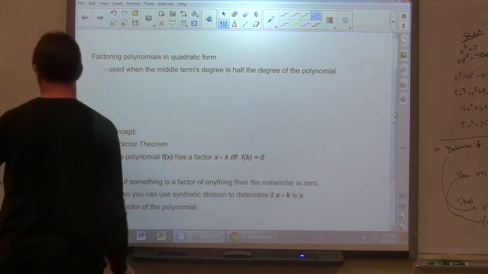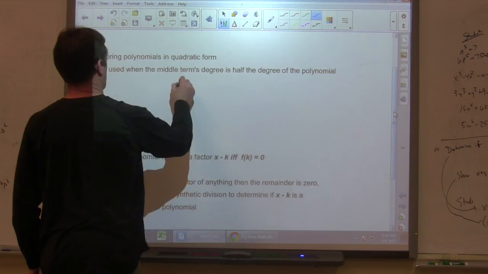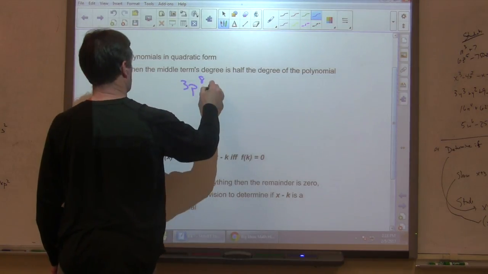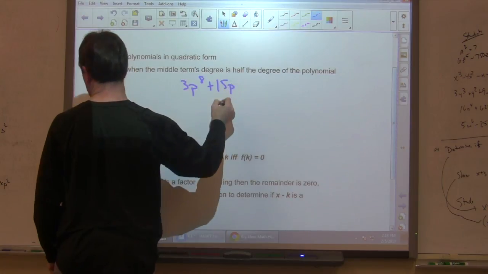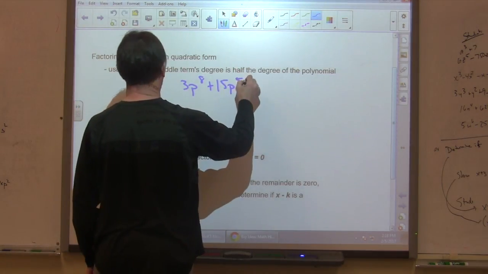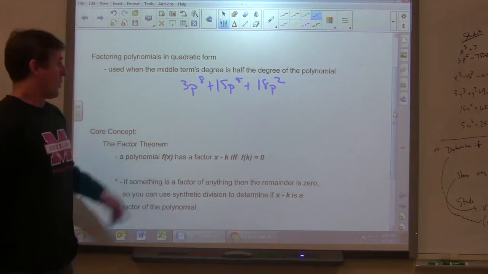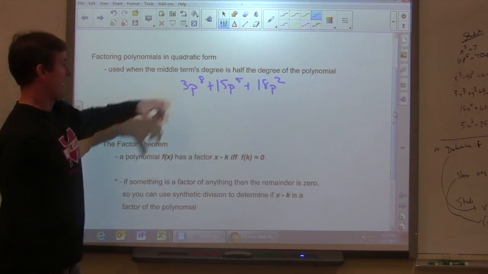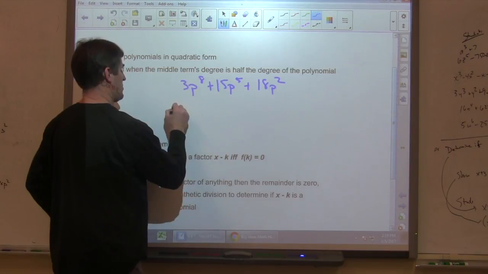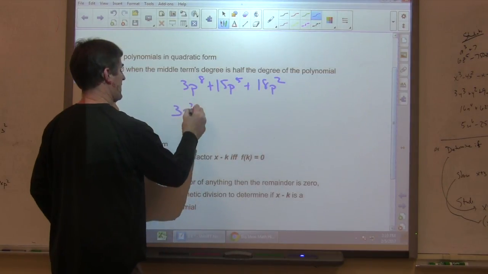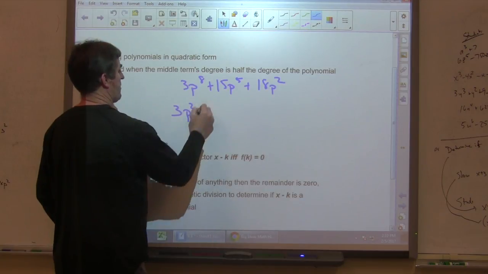Let's take 3p to the 8th plus 15p to the 5th plus 18p to the 2nd. So let's take this, we check for greatest common factor. 3 goes into all those, and 8 p's, 5 p's, and 2 p's, they all have at least 2 p's, so I can pull 2 p's out.